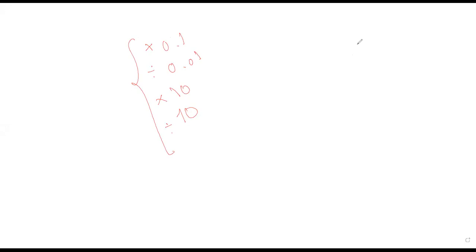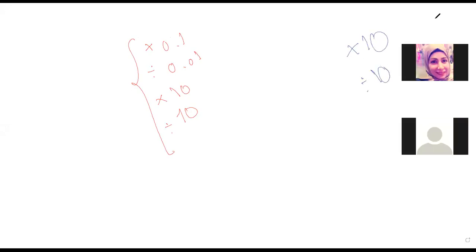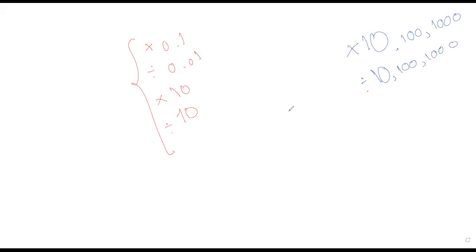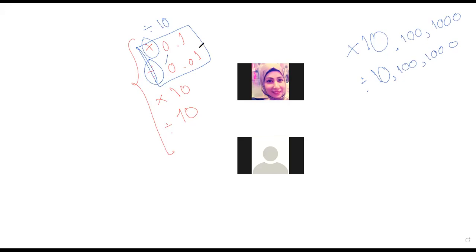Just 2 rules, either multiply by 10 or divide by 10, meaning multiplied by 10, 100, 1000 or divided by 10, 100 and 1000. Why? Because when we see 0.1 or 0.01 or 0.001, what shall I do? I reverse the equation. Meaning if it was times it becomes divided by 10, and if it was divide it becomes times either 10, 100 or 1000.